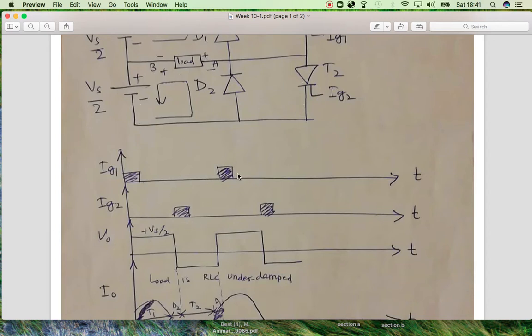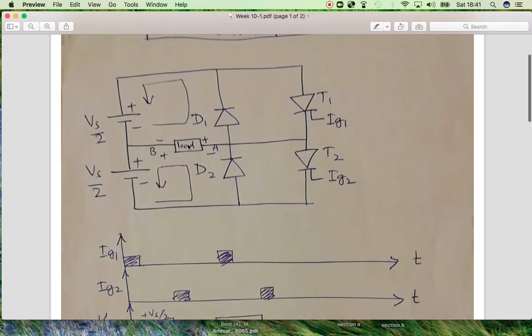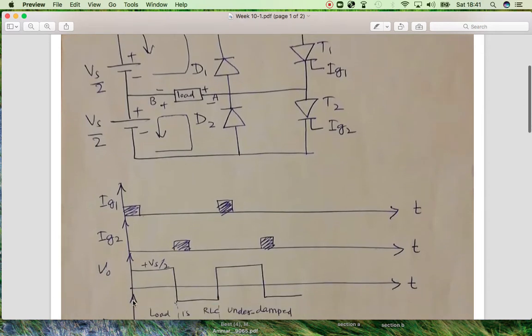So this process continues as we are triggering one thyristor on and the other off, and on and off, and we have a voltage waveform which is a square wave at the load side. So if we have a resistive load over here, then we have the waveform of the current as a square wave, just like the voltage waveform.